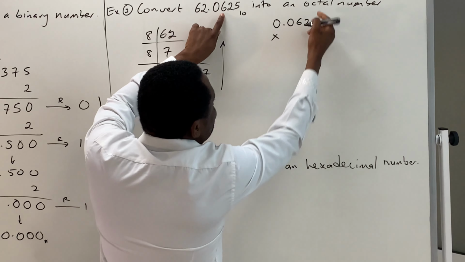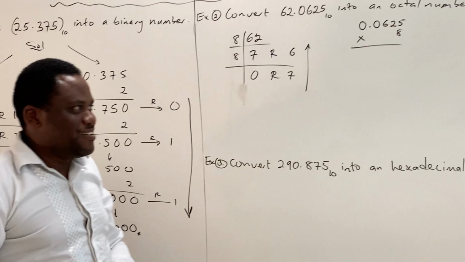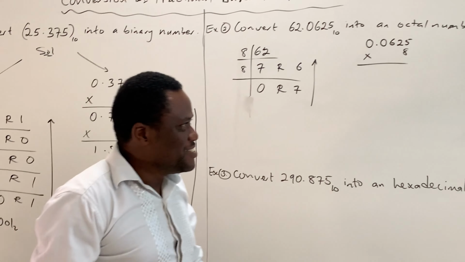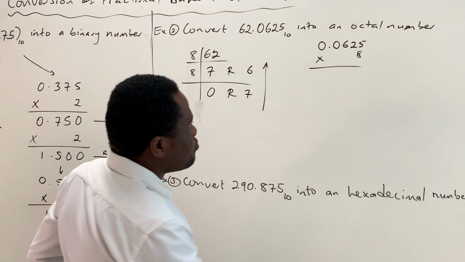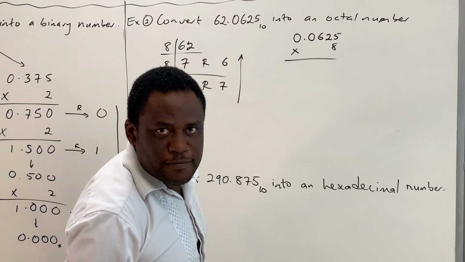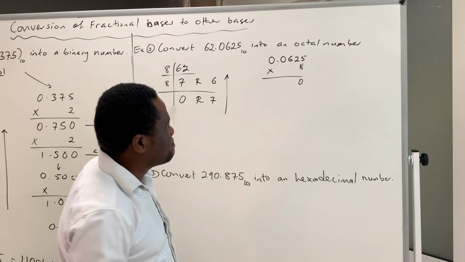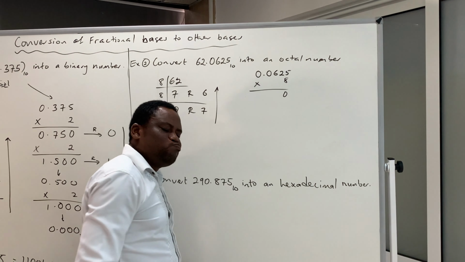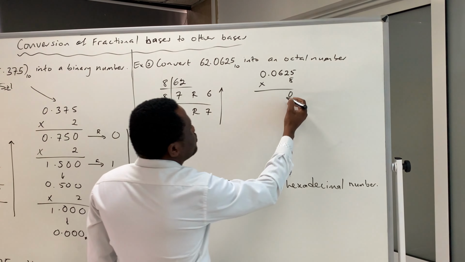So I have 0.0625 times what base? 8. Interesting. Now let's multiply. 8 times 5, 40. We keep 4. 8 times 2, 16 plus 4, 20.